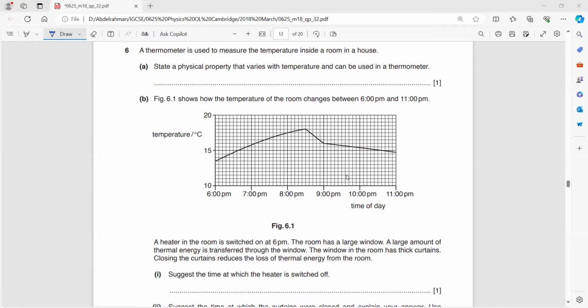Okay, thermal expansion, which means that the volume expands. You don't actually need to say thermal expansion. You actually need to say the volume expands.